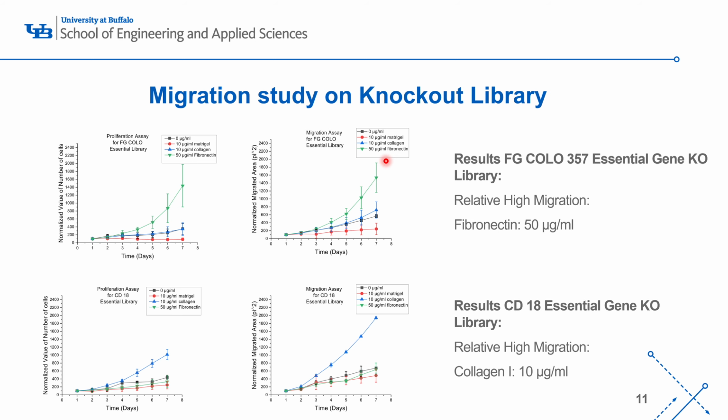For the CD18 essential gene knockout libraries, at around 10 microgram per ml the proliferation is highest, and for the migrations also we see maximum migration at 10 microgram per ml.